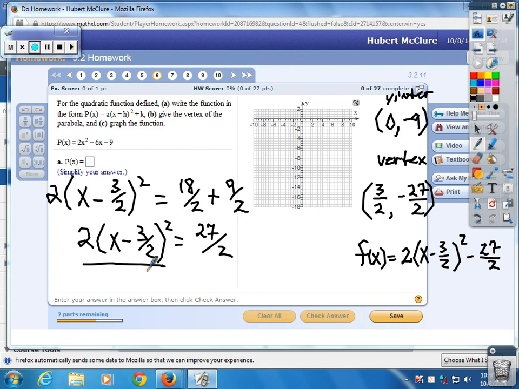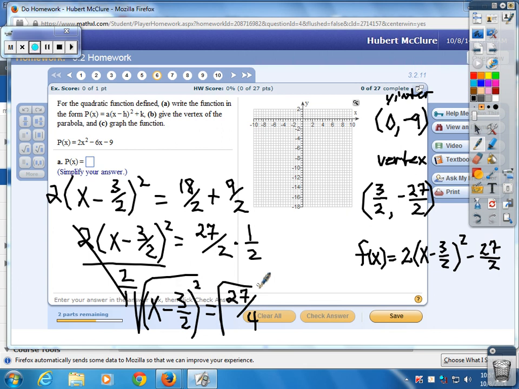So divide by 2 on both sides, which means you're going to multiply by what? 1/2. (x minus 3/2) squared is equal to 27 over what? 4. And then square root of both sides.